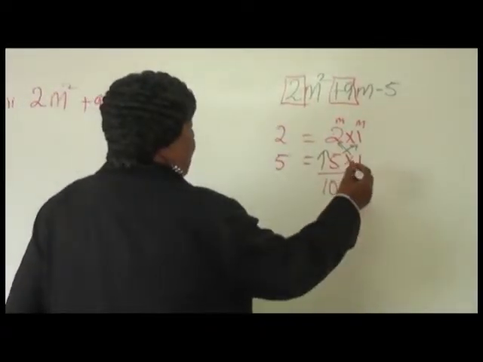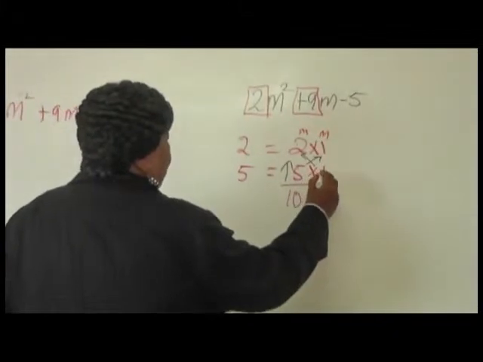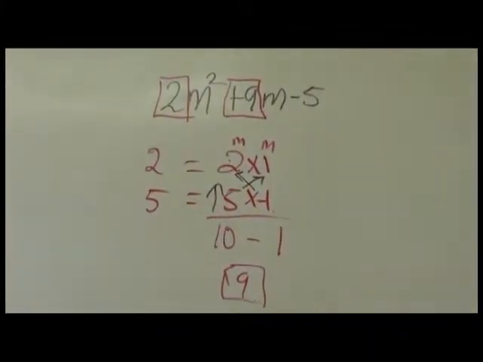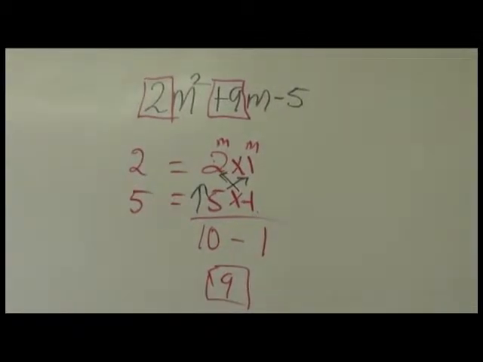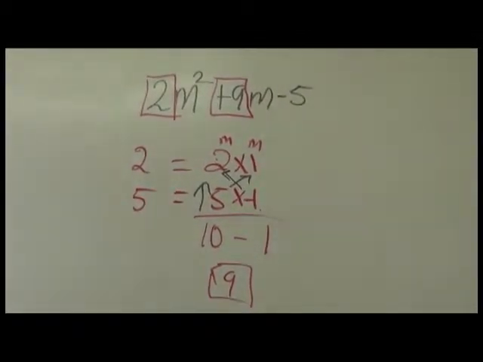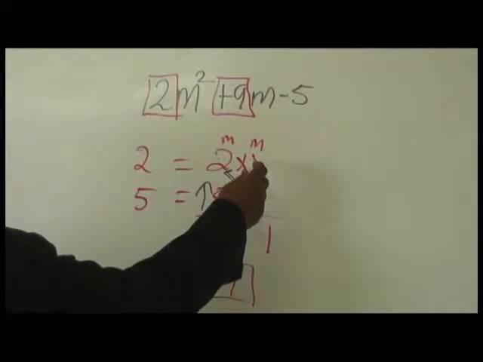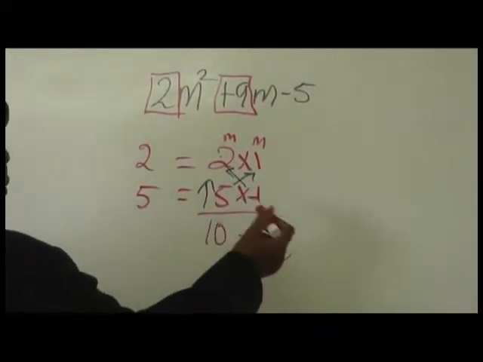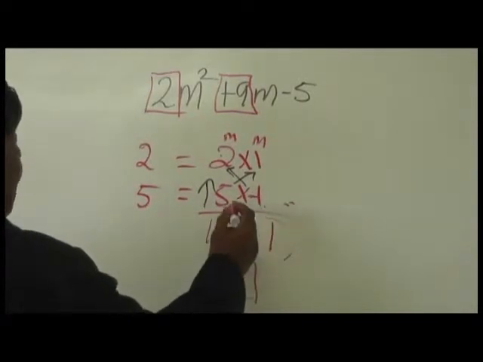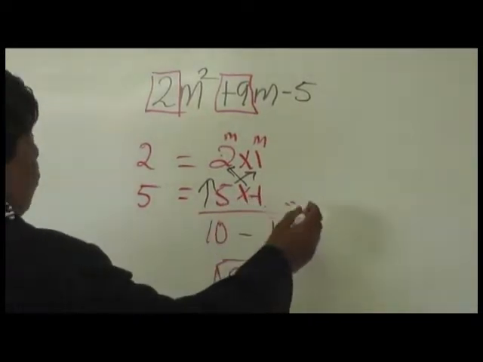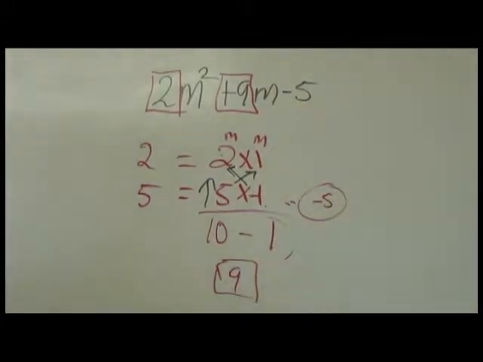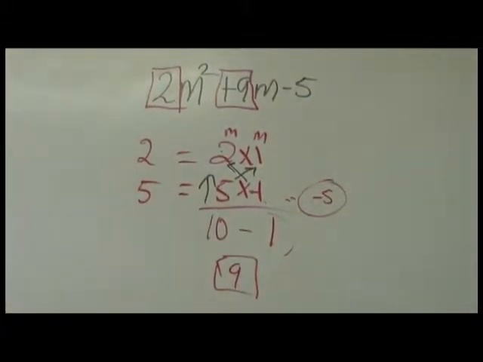Then we make the one from the constant term a negative number, so that a negative 1 times a positive 1 will give you this negative 1 here. And we know we are correct because 5 times negative 1 gives negative 5. So we know that that is correct.